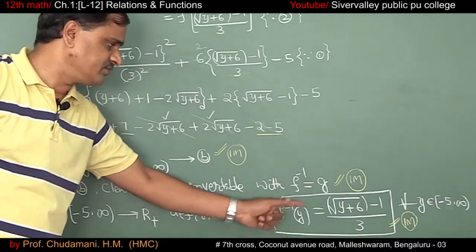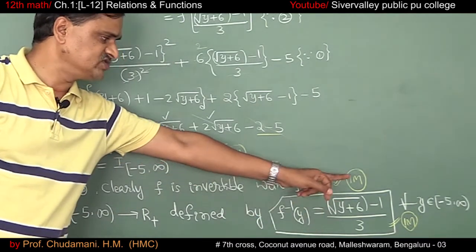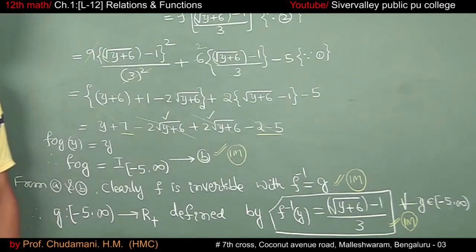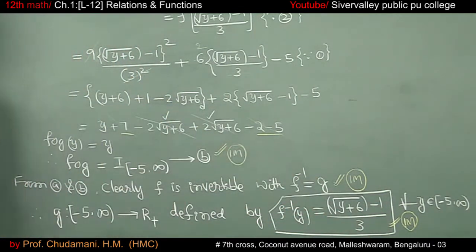Therefore f inverse of y equals g of y, from equation 2, root of y plus 6 minus 1 by 3, for all y belongs to the closed interval minus 5 comma infinity. So that is the last mark, I mean the fifth mark.